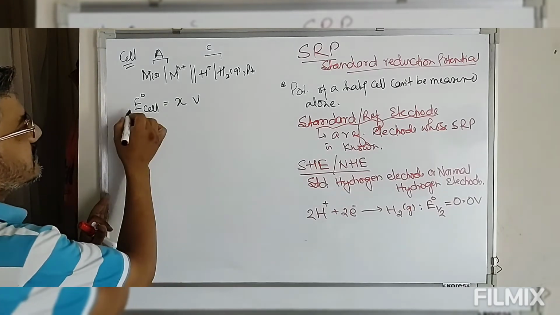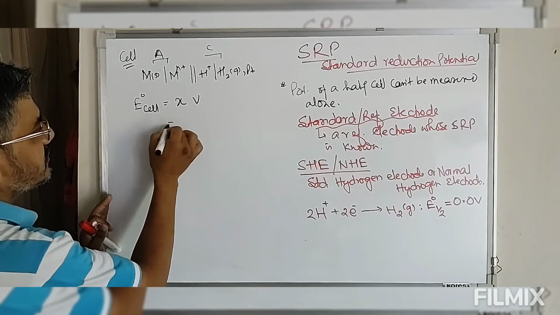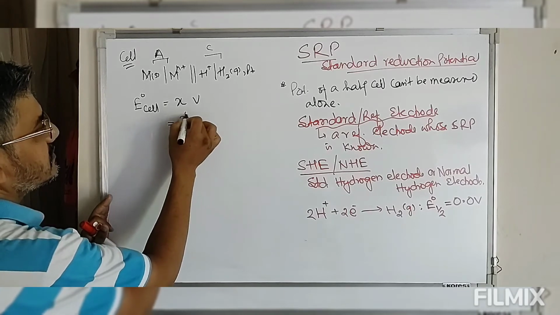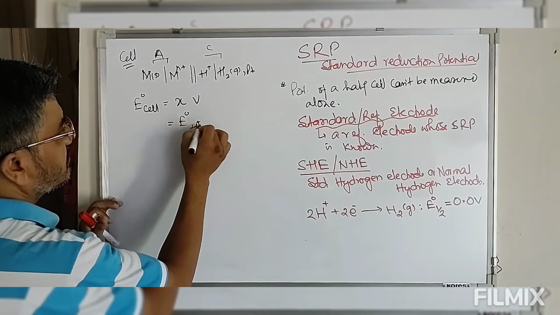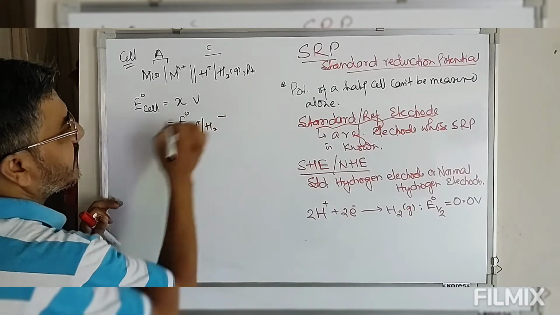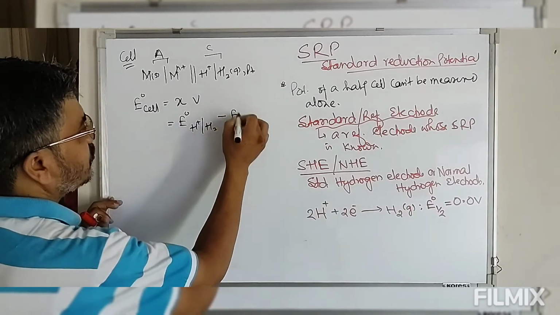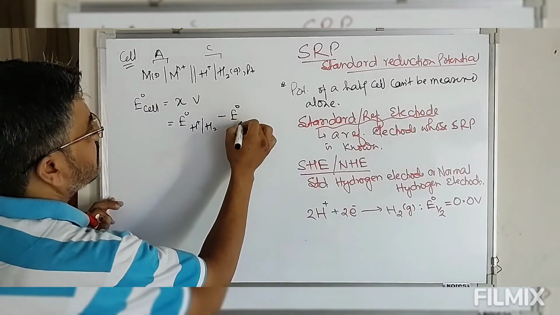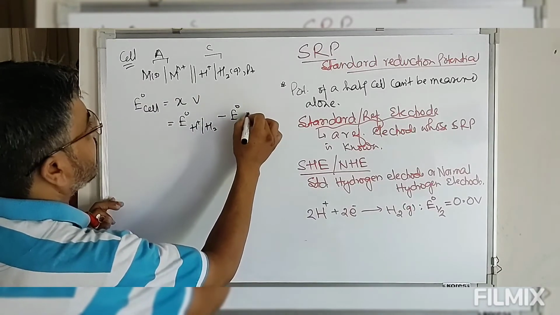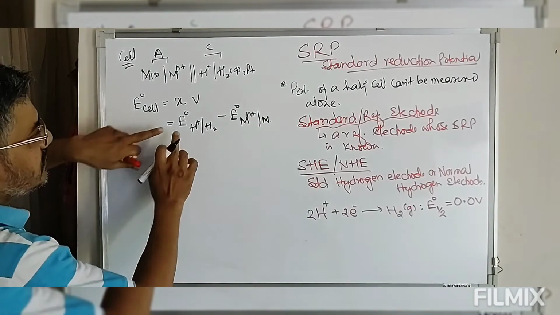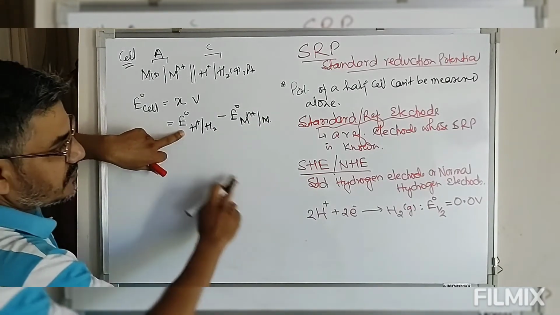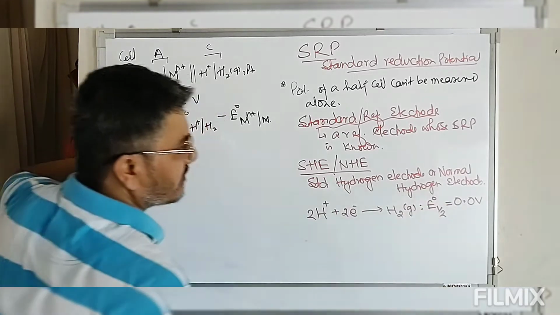Now by definition, this standard cell potential is defined as the standard reduction potential of cathode minus the standard reduction potential of anode, Mn plus to M. Now we know the standard reduction potential of the hydrogen electrode is always assigned a value of 0.